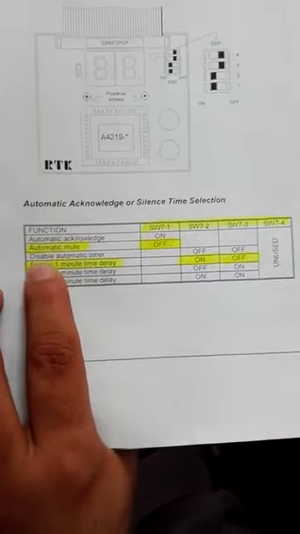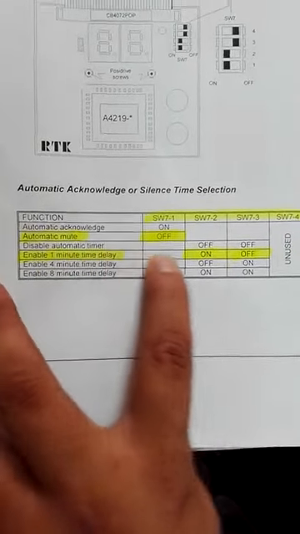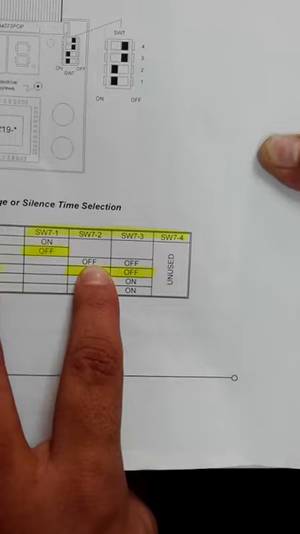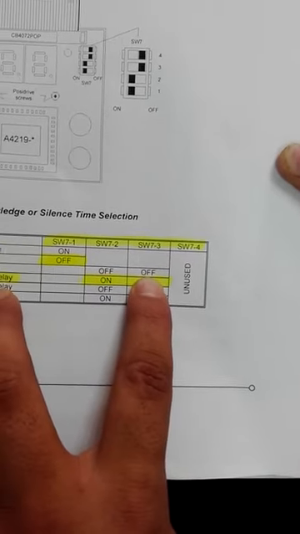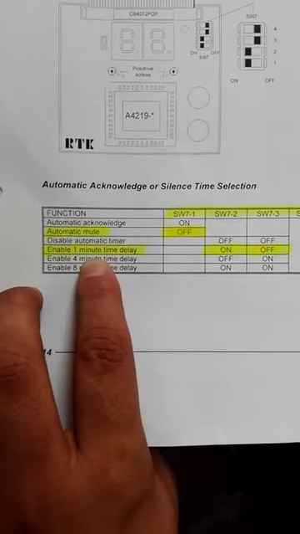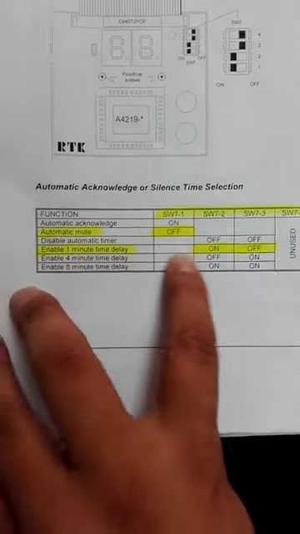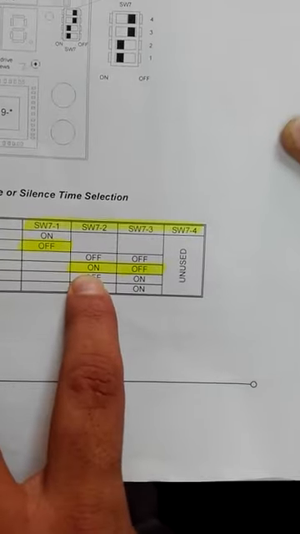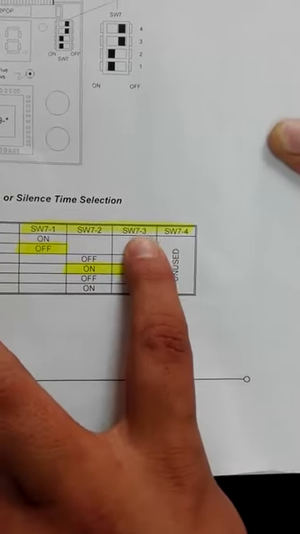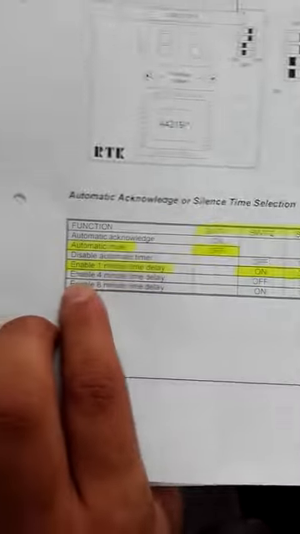Then similarly, disable automatic timer: for this you need to switch off switch 2 and switch 3. Enable 1 minute time delay: for that you need to switch on switch 2 and switch off switch 3.